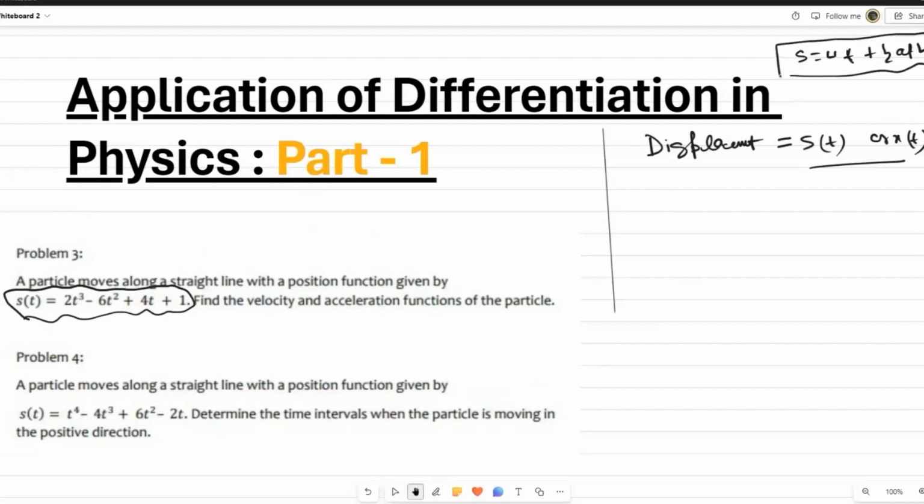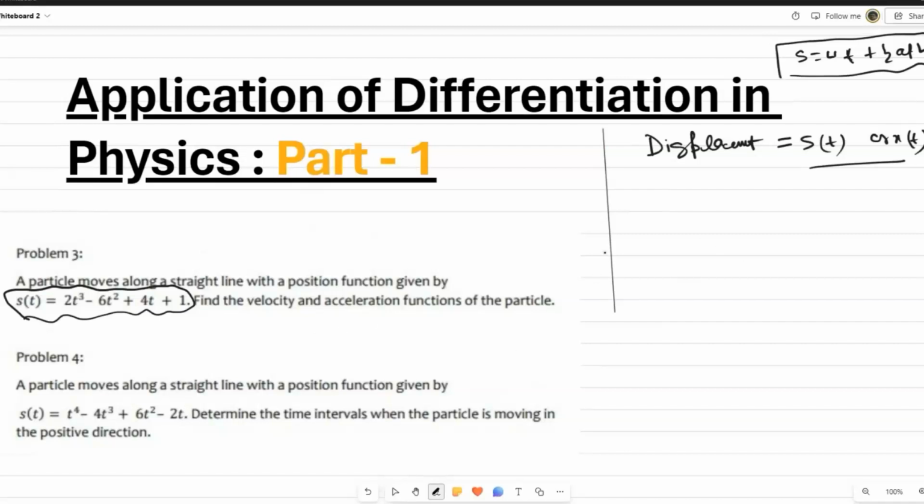But t square is okay. If t cube arises, then we cannot compare with this equation. We cannot find acceleration and velocity. And this equation will represent some curve where point to point velocity and acceleration are all changing. So we need the concept of instantaneous velocity and acceleration.